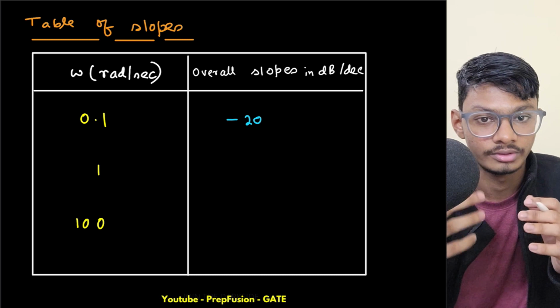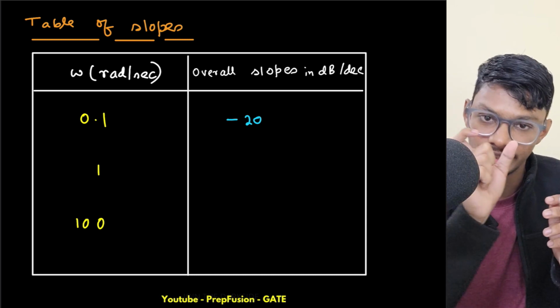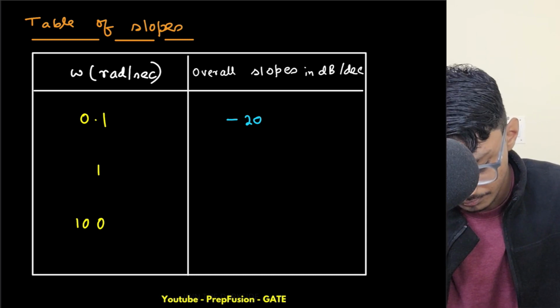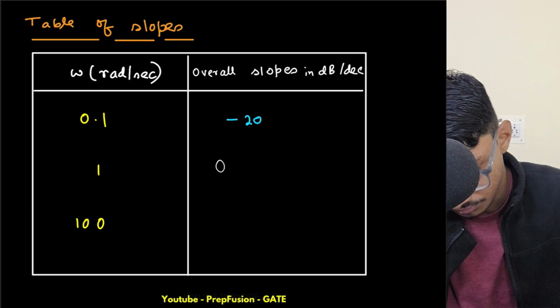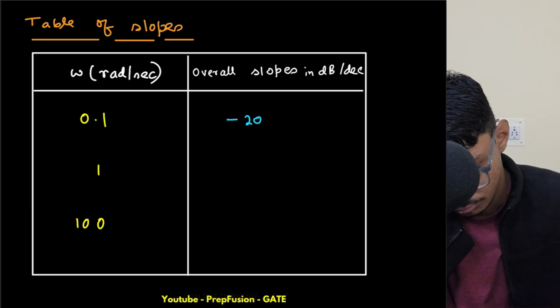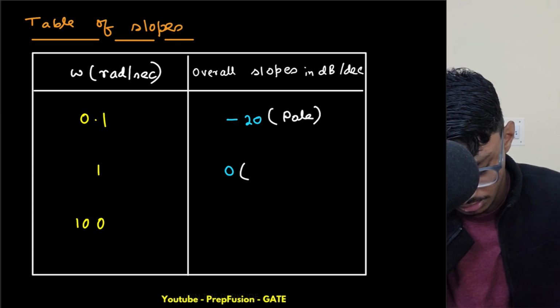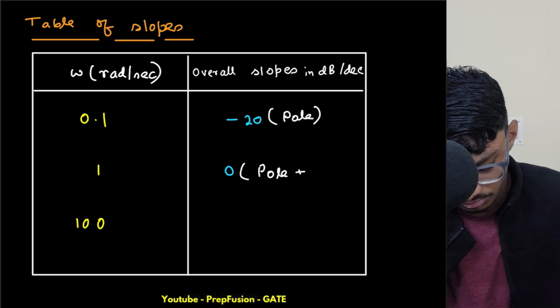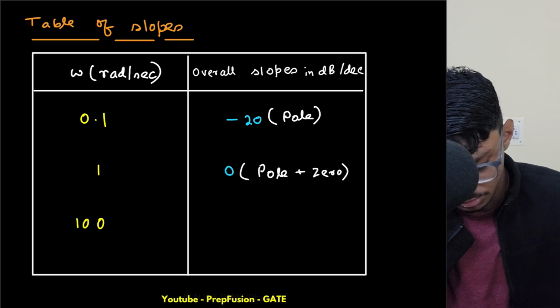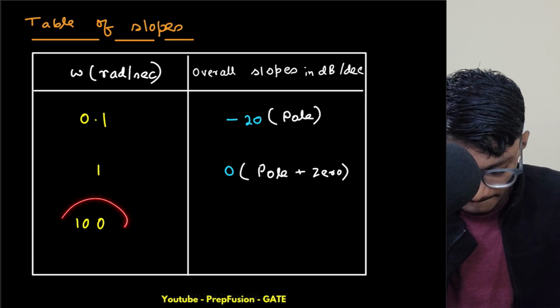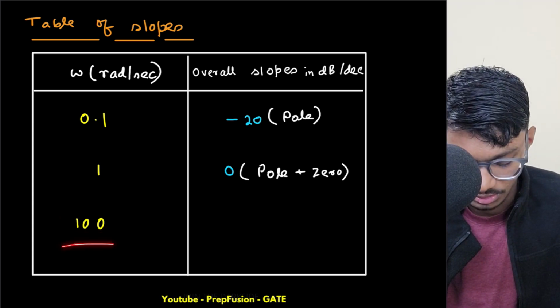So obviously what we do is the algebraic sum of these two. So minus 20 plus 20 becomes 0. So here it becomes 0. Here I had only pole, here I have pole plus 0.